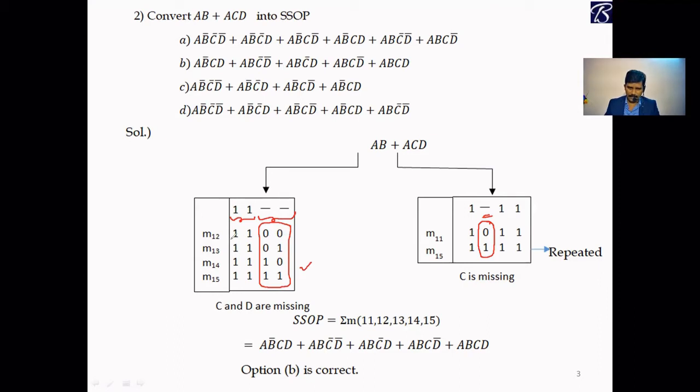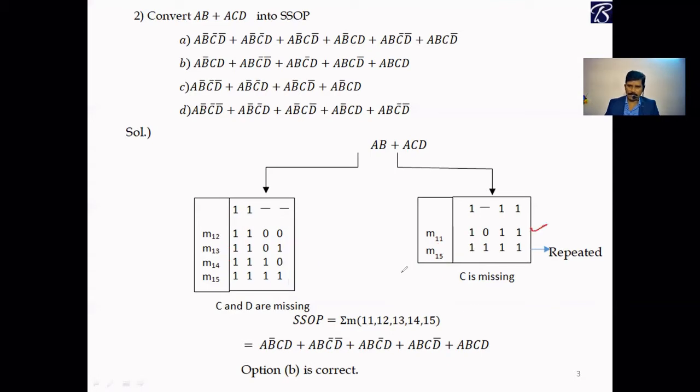This 1 1 0 0 indicates M12, 1 1 0 1 M13, 1 1 1 0 M14, 1 1 1 1 M15. Here 1 0 1 1 is M11, 1 1 1 1 is M15. If you observe all the minterms, M15 is here and here also, so it is repeated. That's why no need to consider this one. All the minterms which are not repeated: sigma M of 11, 12, 13, 14, 15.